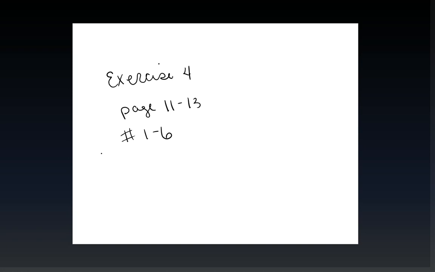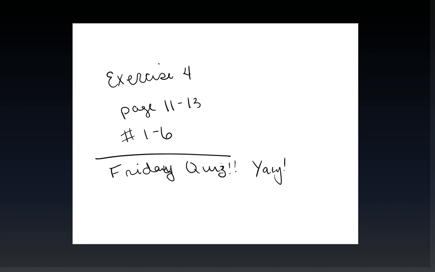And I want to talk just for a brief moment about how Fridays work in math class in 5th and 6th grade. Fridays, we have a wonderful thing. Whoops, that's a Y. We have Friday quiz. Yay. Now, I know Friday quiz doesn't sound exciting to you, but Friday quizzes are a great way to go back over what we learned in the week.